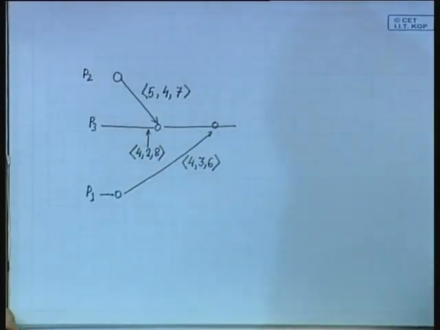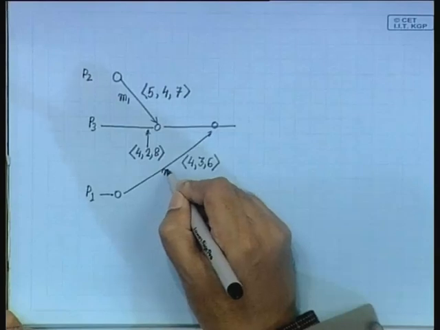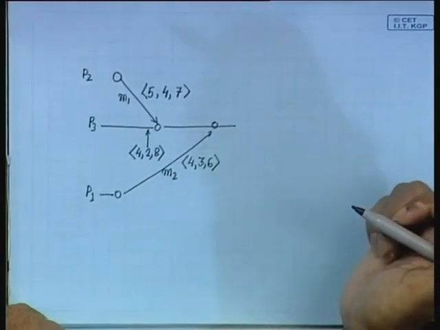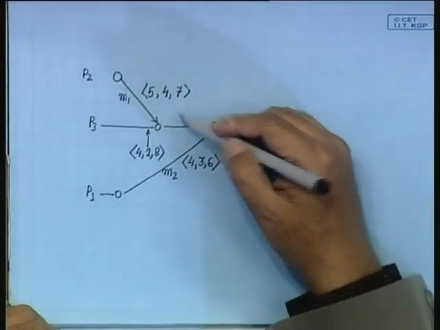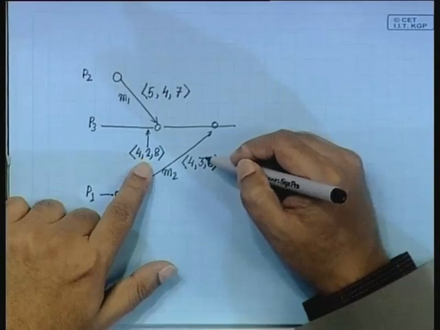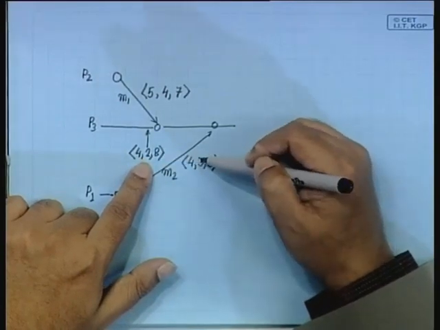okay. Now, are we going to deliver it? This is M1, this is M2. Will we deliver M2? Not yet, right? Because there is still a gap of 1 here.